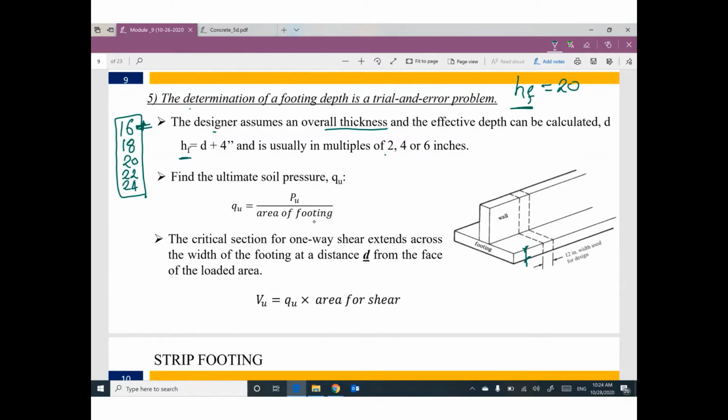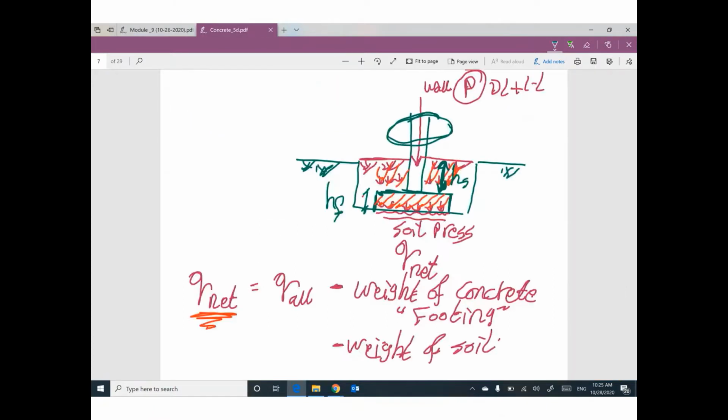And you know, we have something called depth for steel reinforcement. I'm going to assume we have 4-inch concrete cover. Can anybody tell me why the cover in footing is so much? Do you remember the cover in a beam? If you have a beam, this cover is around 2 or 2.5.